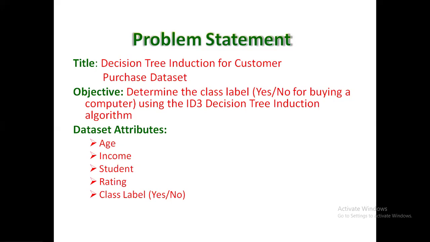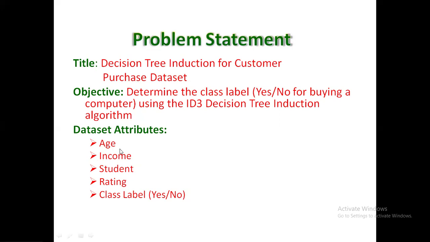This involves studying various attributes such as age group, income level, whether the individual is a student, and the product rating. Each of these features can influence the likelihood of a customer buying a computer. By analyzing these relationships, we aim to build a model that can predict future buying behavior.